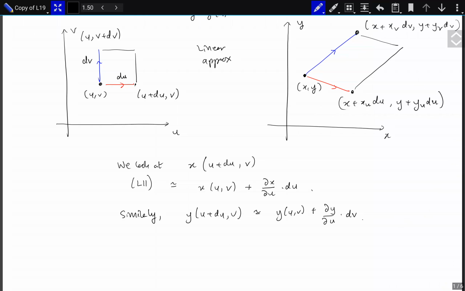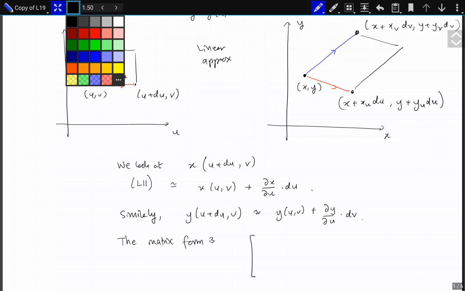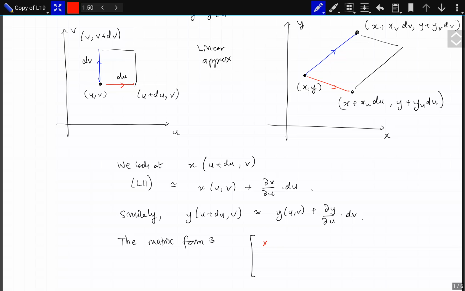Because this is a linear transformation, we can give the matrix form. We just need to write down the vectors, the red vector and the blue vector, because that's the image of du and dv, appropriately scaled. So the red vector would give me xu, yu, and the blue vector would be xv, yv.